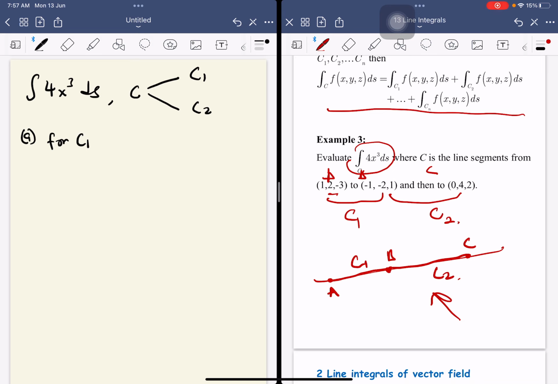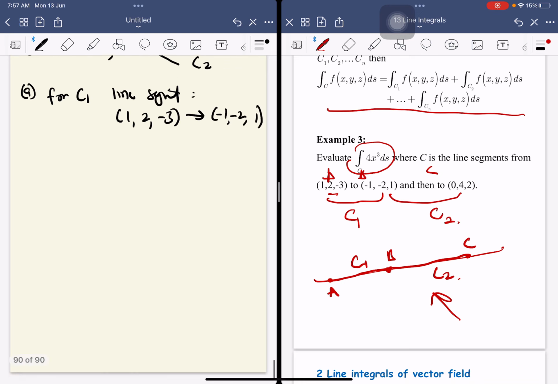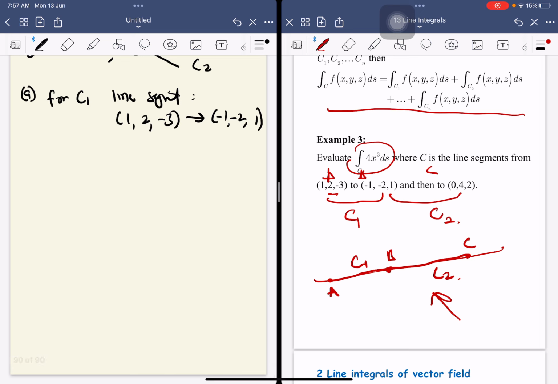For C1, it's a line segment from the point (1, 2, -3) to (-1, -2, 1). From here, x is equal to 1 minus 2t, y is equal to 2 minus 4t, and z is equal to -3 plus 4t.